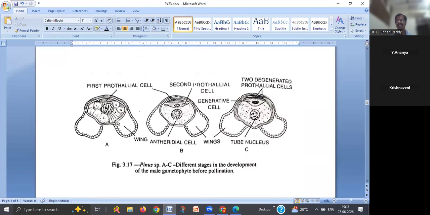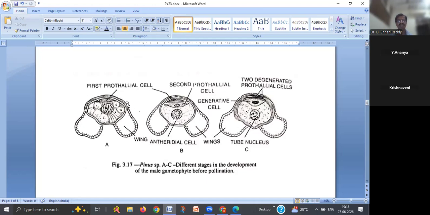Winged pollen grains are an important feature of Pinus. So we see wind-mediated pollination here, called anemophily. That is an important feature of the pollen grains in Pinus. They are winged. There are two wings present here.